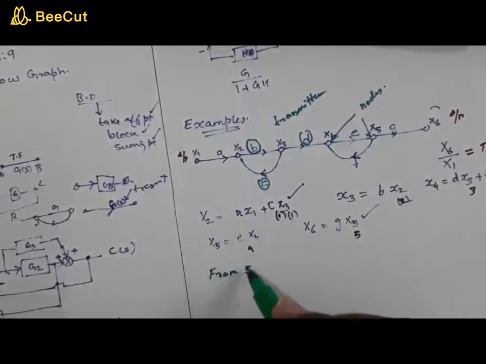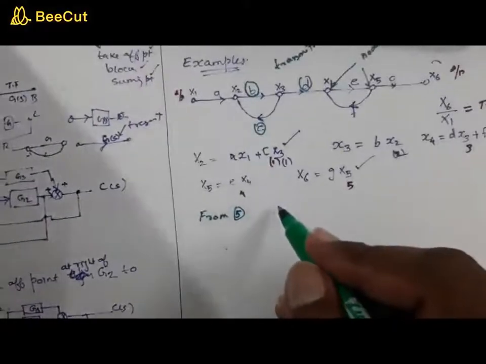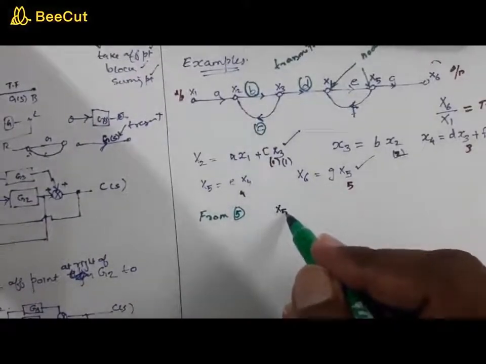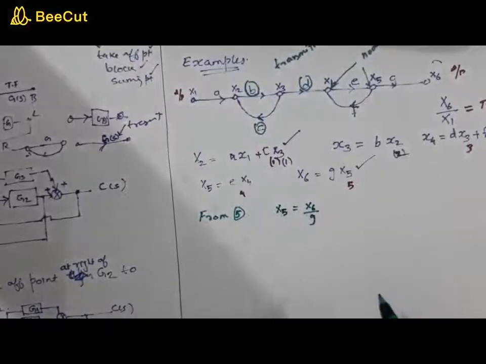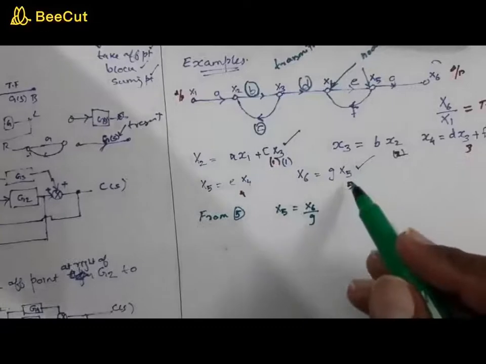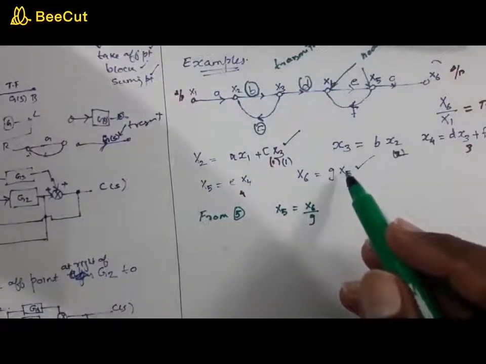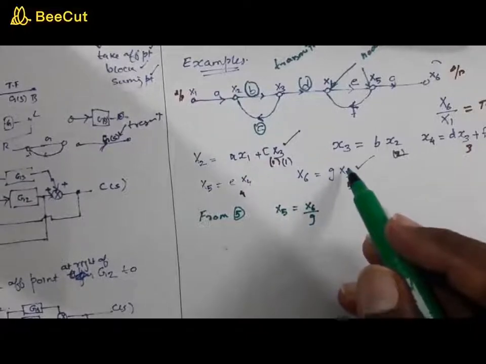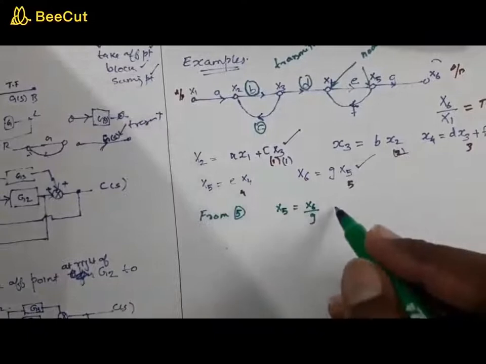From 5 we get x5 equal to x6 by g. We are not much concerned about x5, but it will be nice to get x5 in terms of x6. Now substituting in 4.